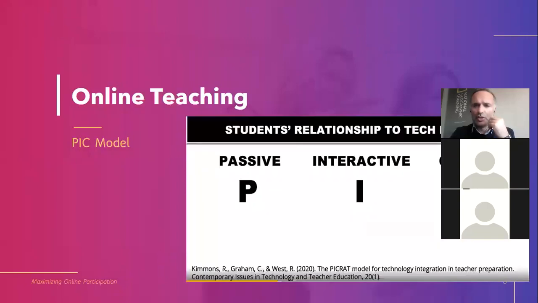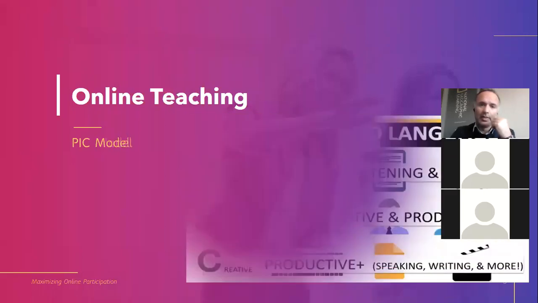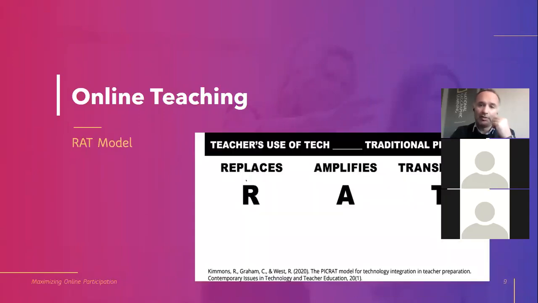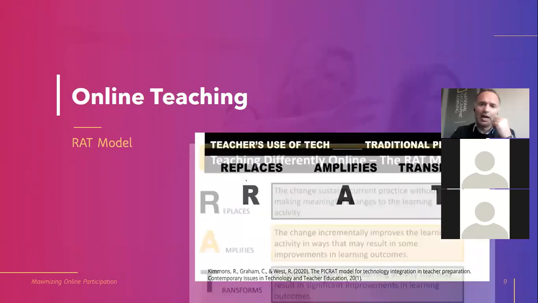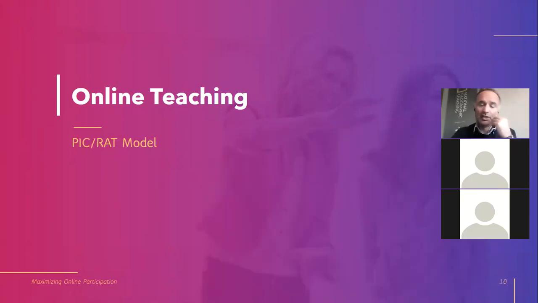If you remember, on Tuesday I introduced the PICRAT model. The PIC model stood for passive, interactive, or creative modes of learners, students, not teachers. Then we looked at the RAT model, which was replacing, amplifying, or transforming. We decided that replacing by itself cannot really address the main issues in online teaching, and we need to introduce some amplifying or transforming activities.